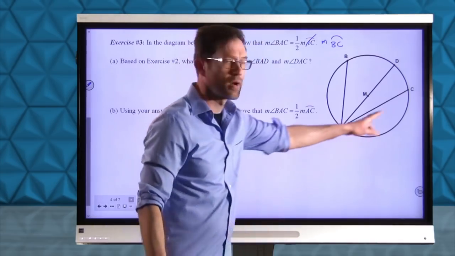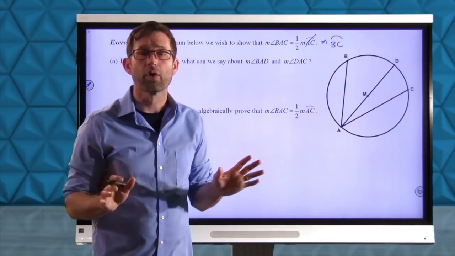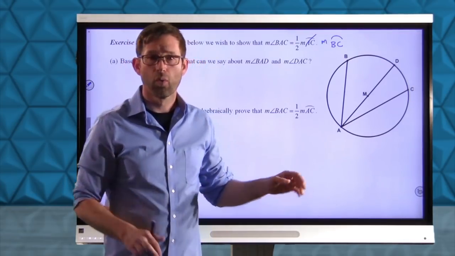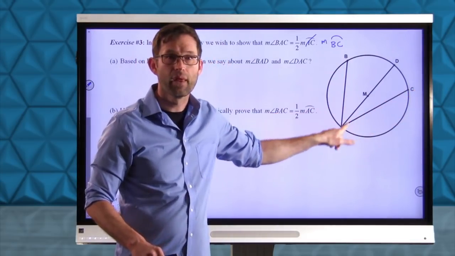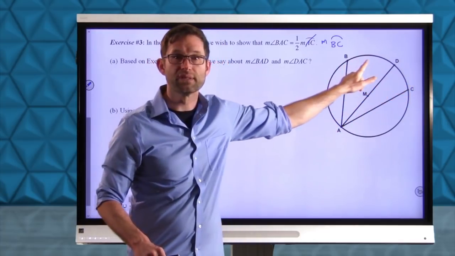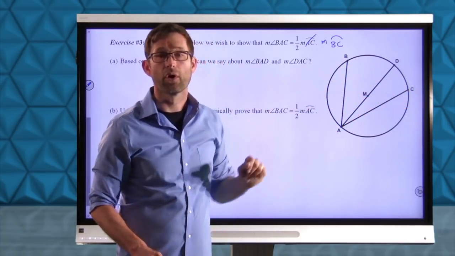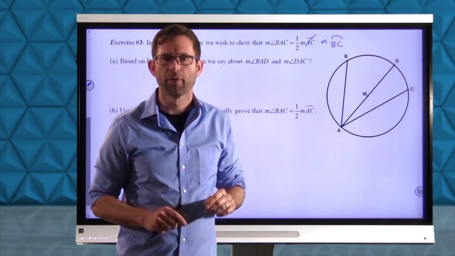I don't really care about arc AC at all. Okay? So again, we're trying now to prove the theorem in a way more general way. So I've got inscribed angle BAC, and I want to show that it is 1/2 the measure of arc BC, not AC, no matter what typo I have up there.